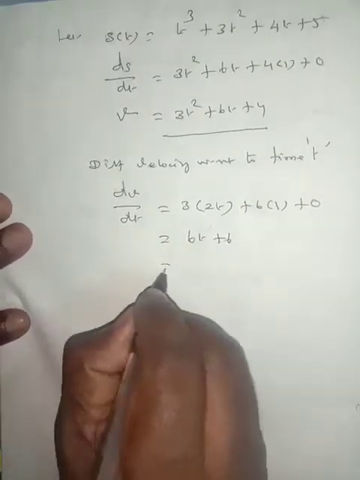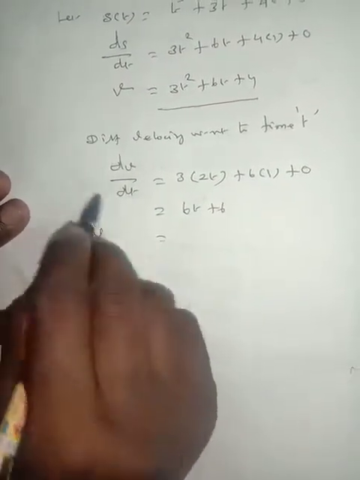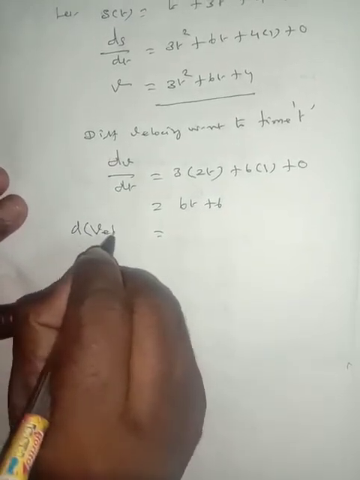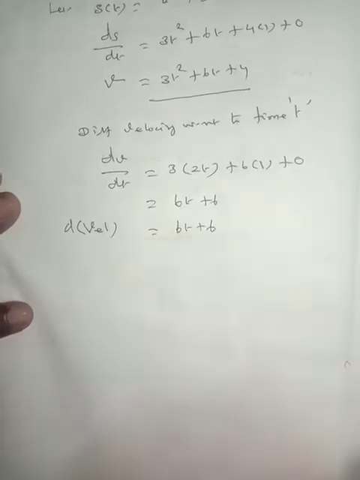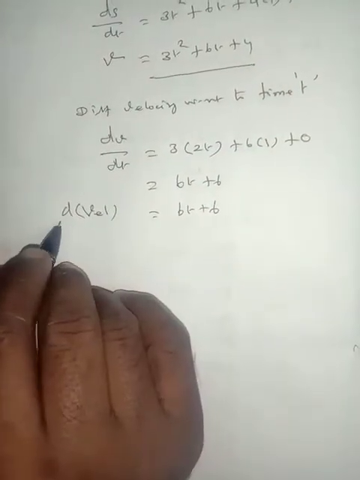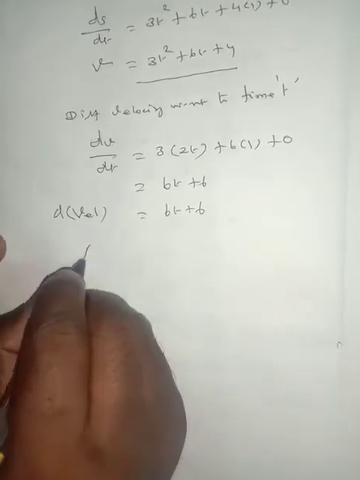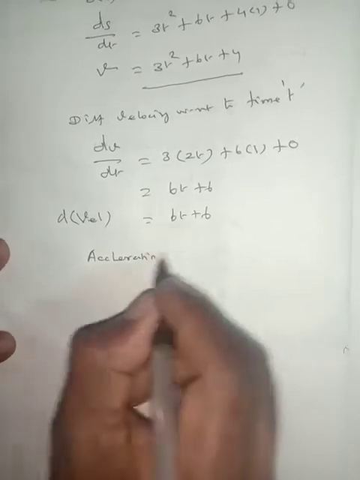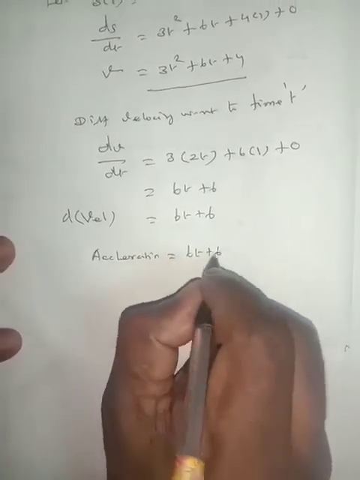So velocity one time differentiation gives 6t plus 6. This velocity differentiate with respect to time t, we get acceleration. Acceleration is equal to 6t plus 6.